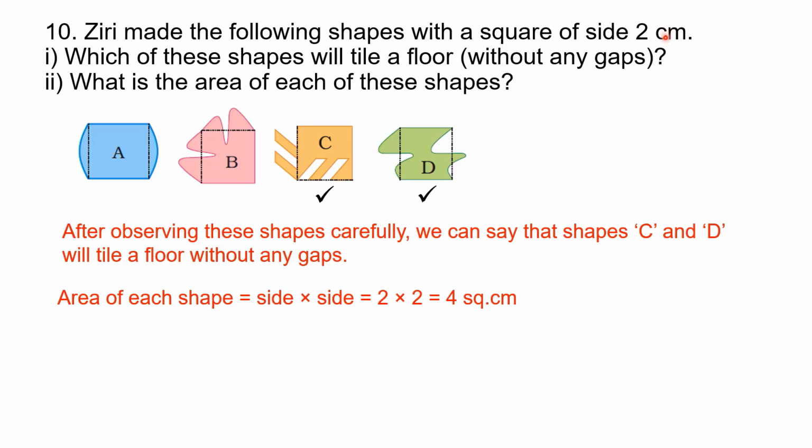Here side is 2 centimeters. So 2 multiplied by 2 equals 4 square centimeters. Therefore, area of each shape is 4 square centimeters.